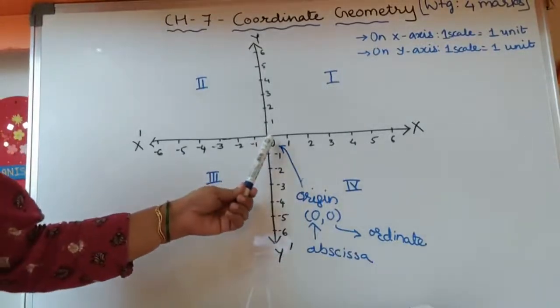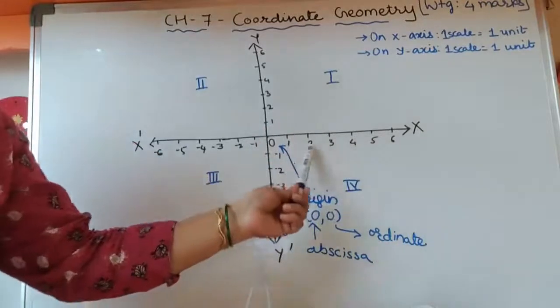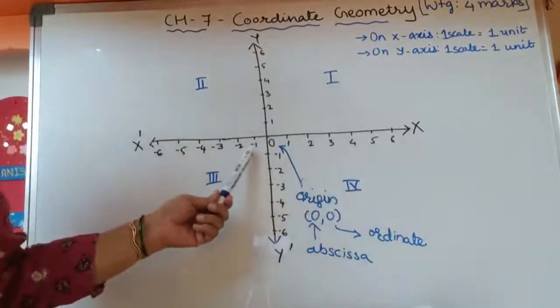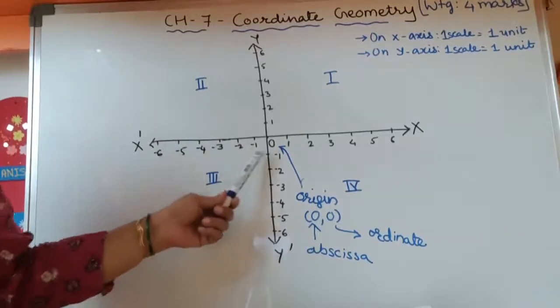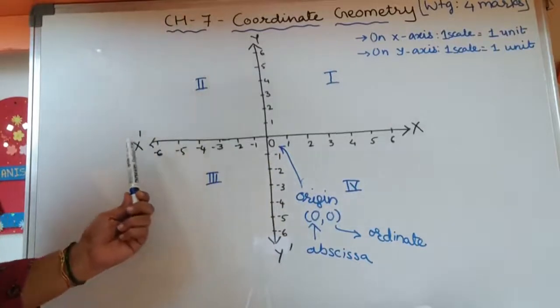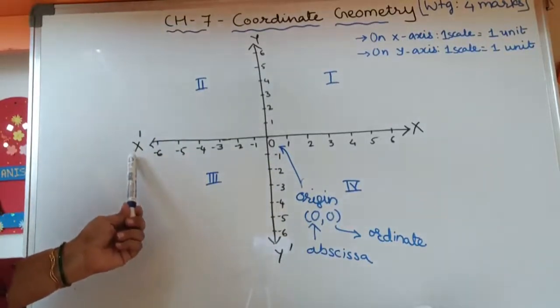Now if you move from the origin to the right-hand side, you will get all the positive numbers on the x-axis, and on the x dash axis, from the origin towards the left side, you will get the negative numbers. That's why we call it x dash.